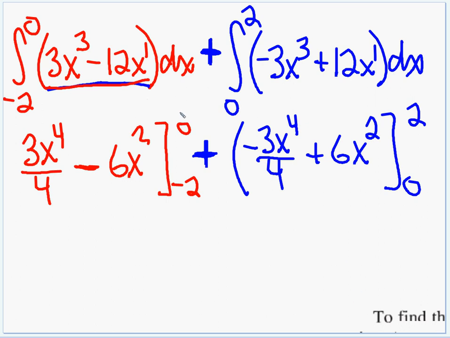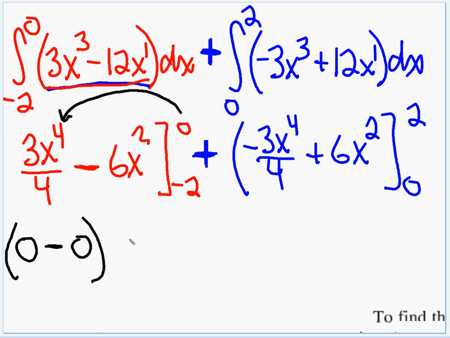Okay, time to evaluate. Now this is kind of odd, 0 being our upper limit, so 0 is going to hop in and zero out that first fraction, minus 0 is going to zero out the second one, and then we're going to subtract as a quantity. When we plug in the negative 2, to the fourth would be 16, times 3 is 48.